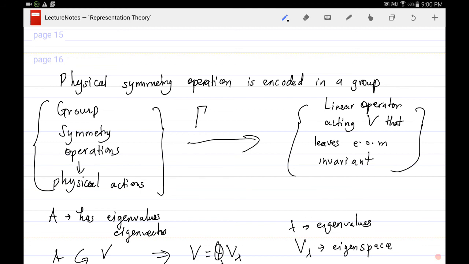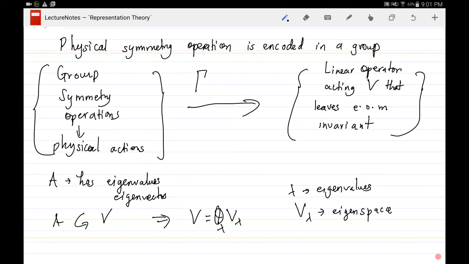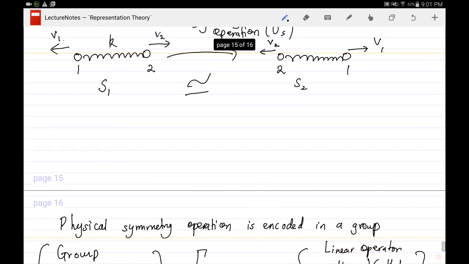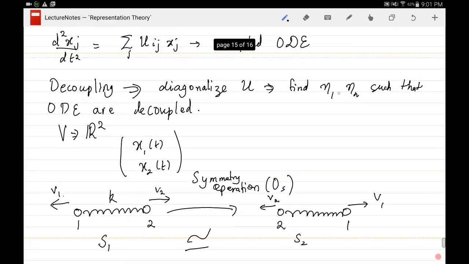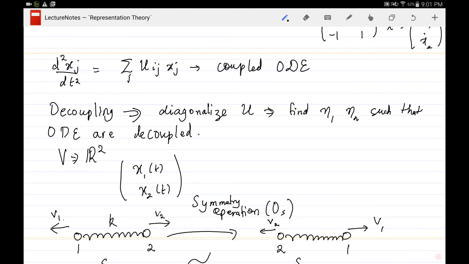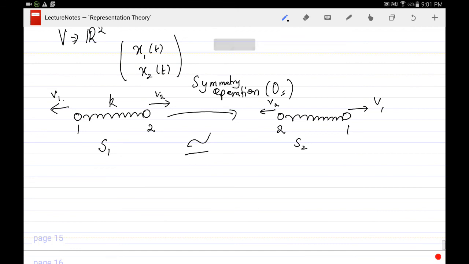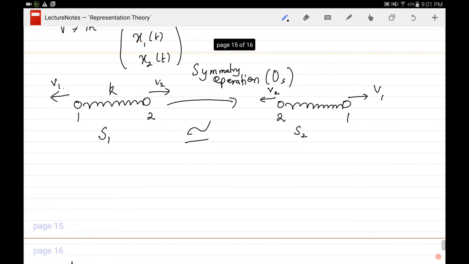When I diagonalize this linear operator, and therefore find a direct decomposition of my vector space, this gives me parts of the vector space that don't talk to each other. And this, I claim, is equivalent to finding these new normal coordinates that decouple this ODE. Now, I'm being very vague here because I don't want to introduce many terms that don't make much sense at the moment.